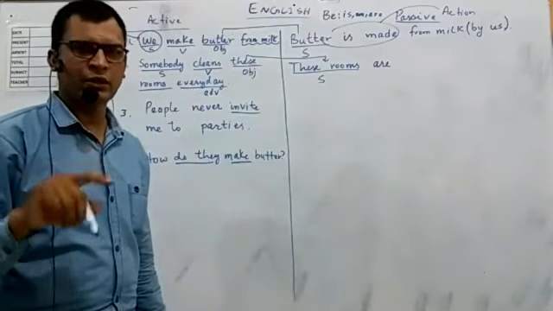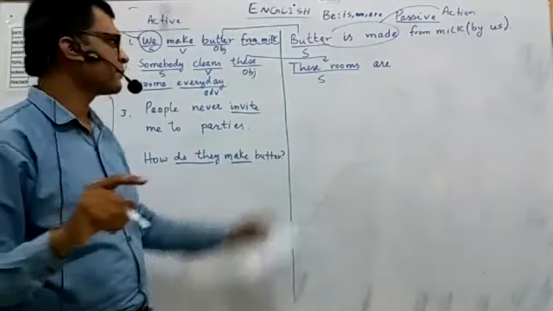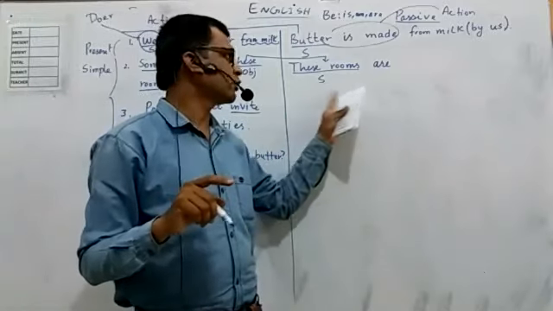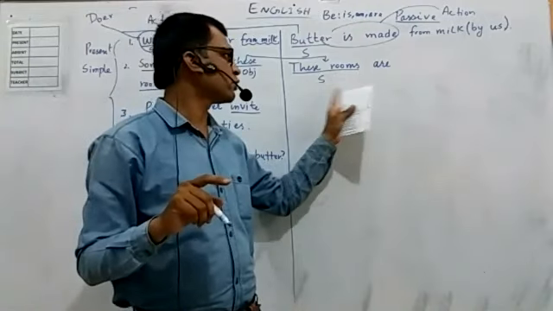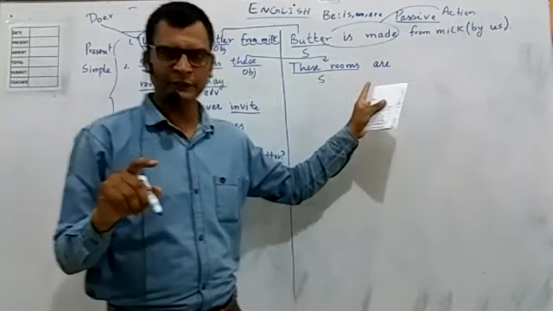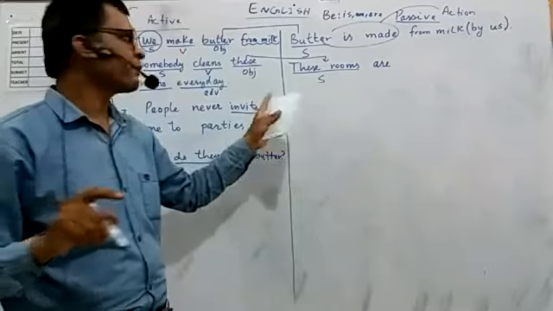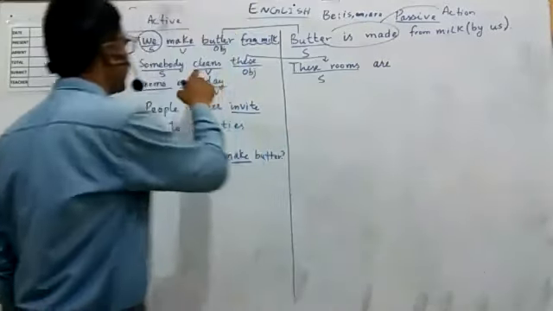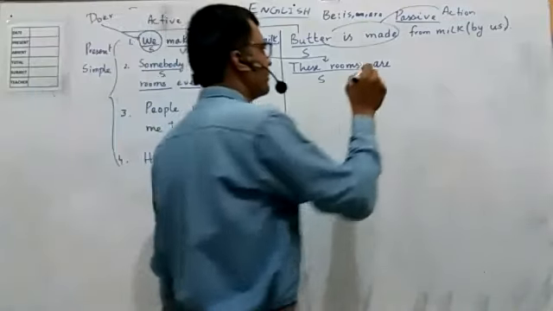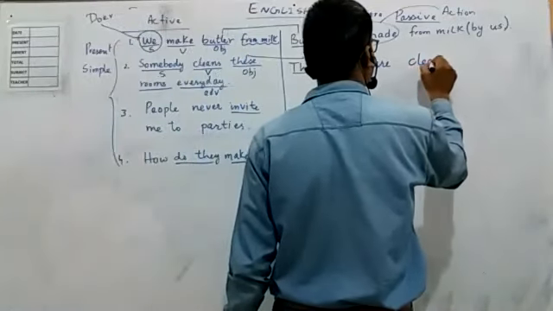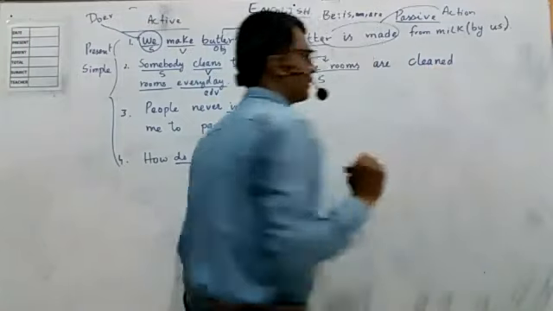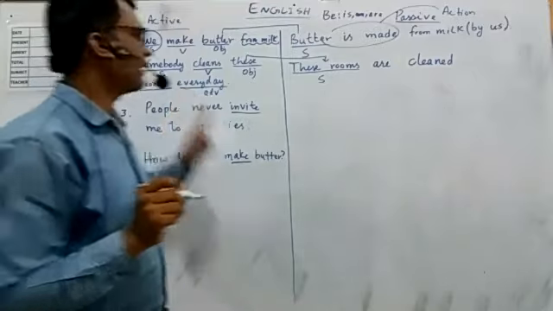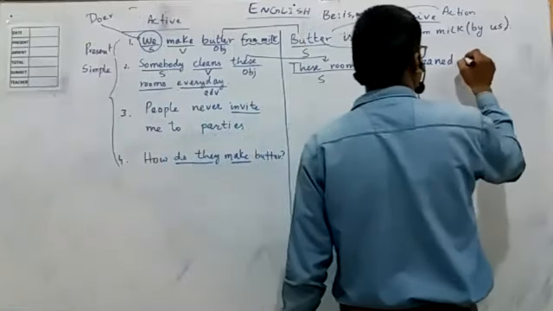If it was singular, like "this room," then we would use "this room is." But because it is plural, we are saying "these rooms are," and the verb is "clean," and we will be using the third form of clean. These rooms are cleaned, and "every day" will be as it is.